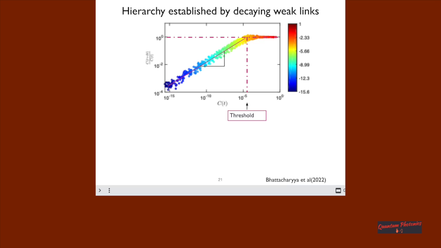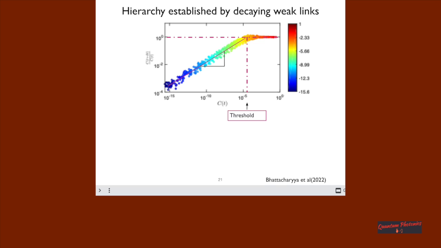This is shown by the change of conductances from one iteration to the next, because on the y-axis we are plotting the conductances in the next iteration with respect to the conductances in the current iteration. If the y value is smaller than 1, that means the conductances in the next iteration are going to be smaller than in the current iteration. That means they will decay. And if they're greater than 1, that means the conductances will grow in the next iteration.